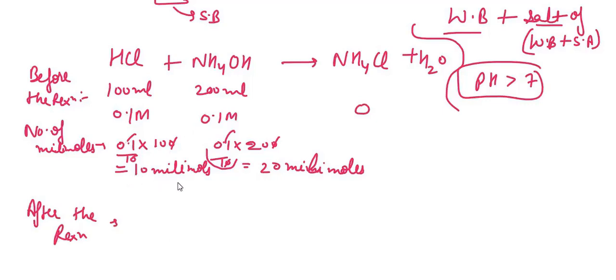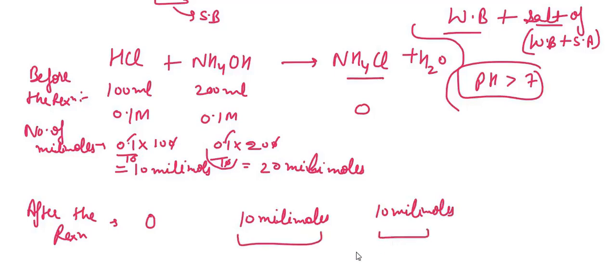So 10 millimoles of HCl react with 10 millimoles of NH4OH. So the remaining amount of HCl is 0, the remaining amount of NH4OH is 10 millimoles because 10 reacts with 10, and 10 millimoles of NH4Cl are obtained.